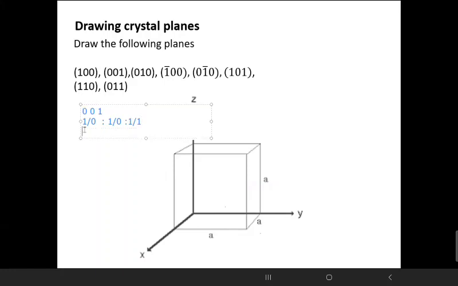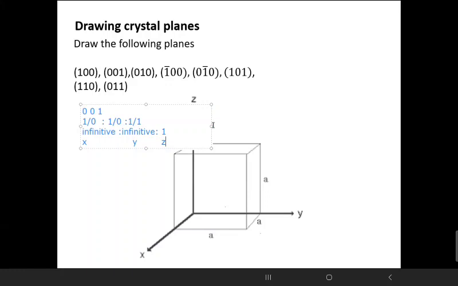Then you can find the answer. 1 over 0 is infinity, infinity, and 1 over 1 is 1. So (infinity, infinity, 1). This is x, this is your y, and this is your z.